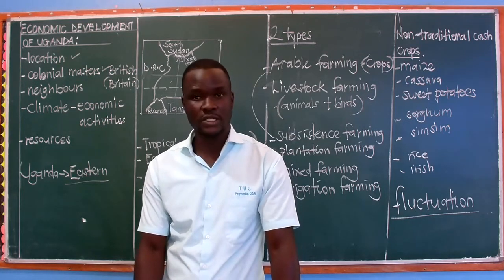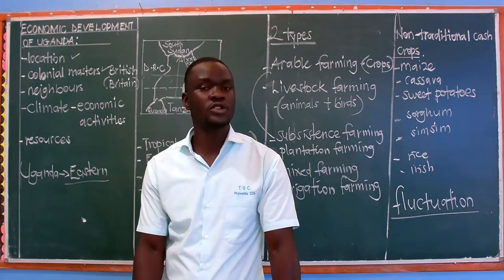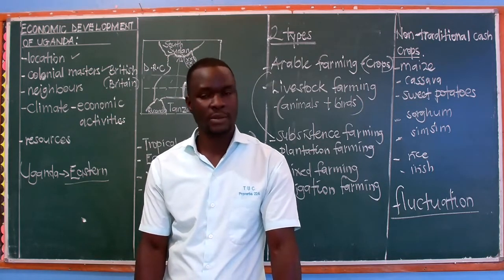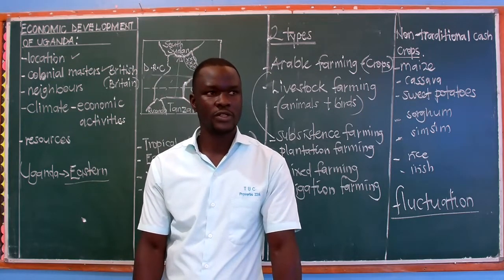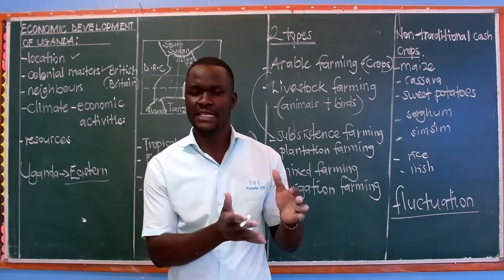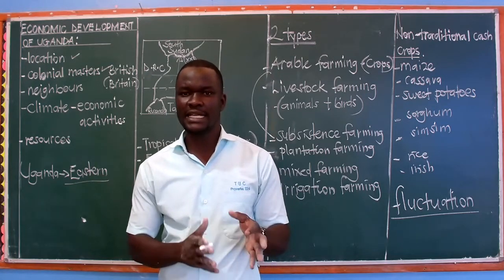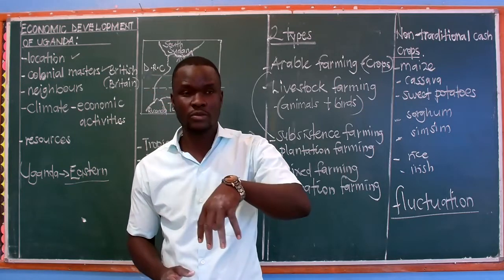However, we also need to note that the mining of this crude oil from the Albertan region also brings disadvantages to the locals in that area, which means we are also going to discuss how crude oil mining is going to affect the people of that area negatively. Number one, those people are going to be displaced.